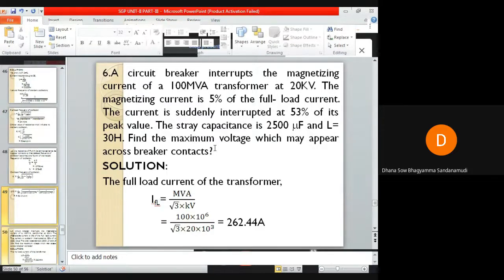Initially we have determined the full load current. They have mentioned in the problem that the magnetizing current is 5% of the full load current. Now that you have determined the full load current, you can determine the magnetizing current.